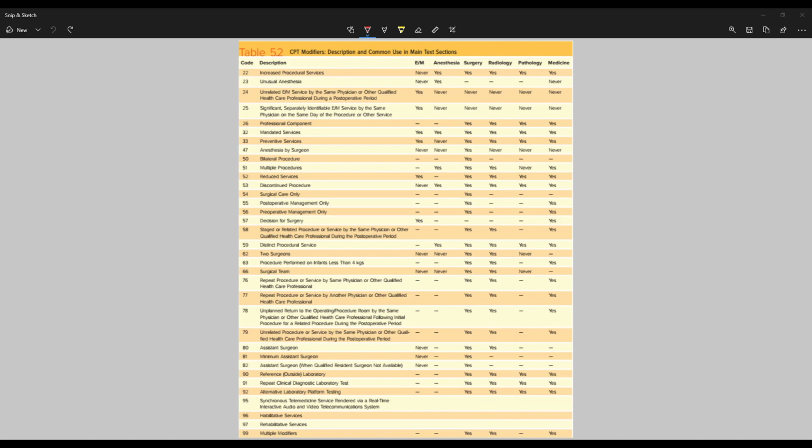We also have basic codes used for hospital, and they're broken down to look at if you're admitted to the hospital for observation, or it could be if you're admitted for inpatient care. We also have codes for consultations, and it's important to realize that a consultation in healthcare is not a referral.